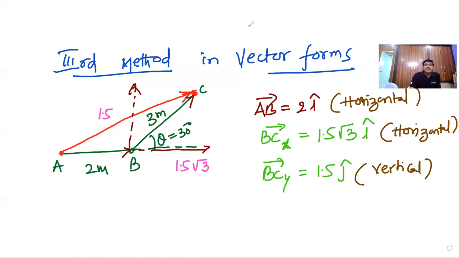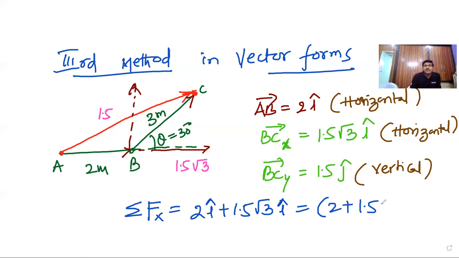Now, if I sum up all the horizontal components, sigma of all the vectorial forces along horizontal components, what are they? This and this. So 2 I cap plus 1.5 root 3 I cap, simplifying to 2 plus 1.5 root 3 I cap.